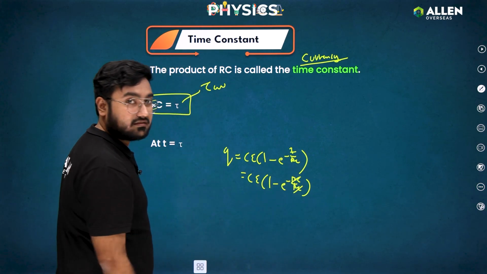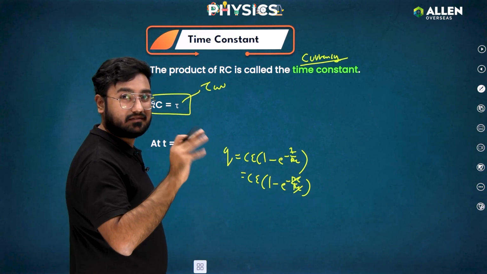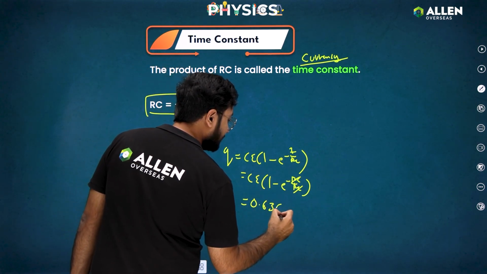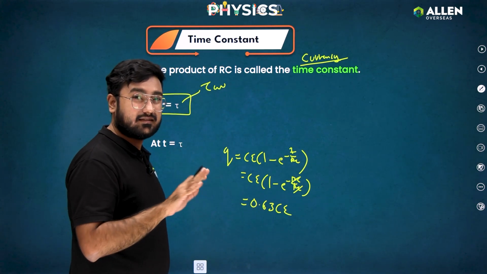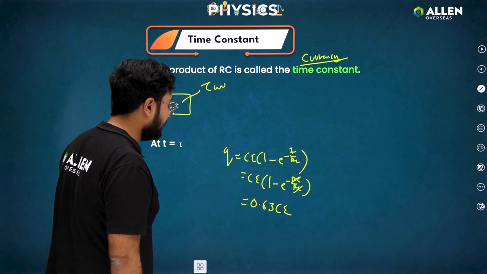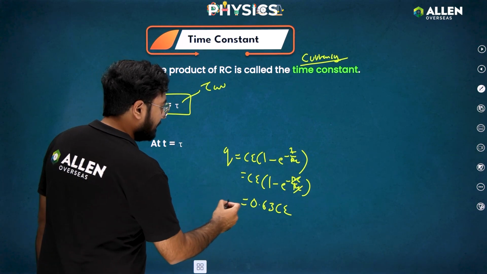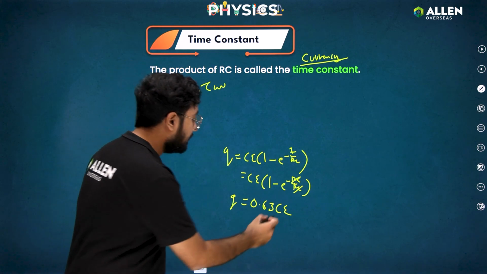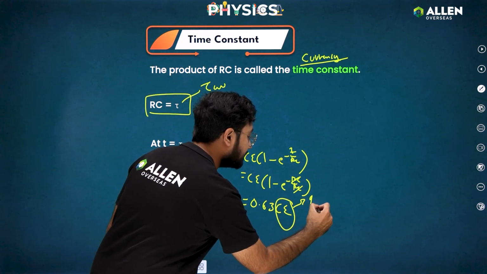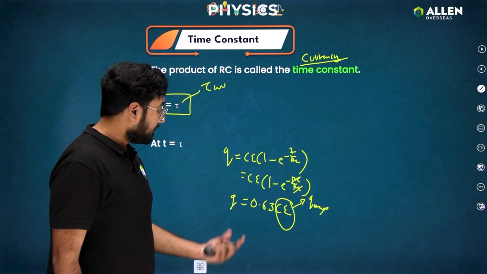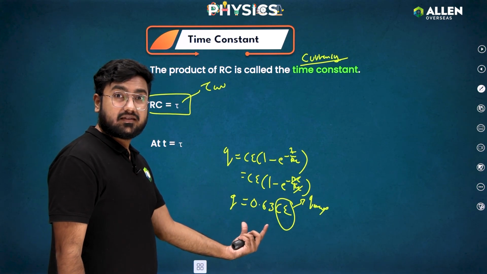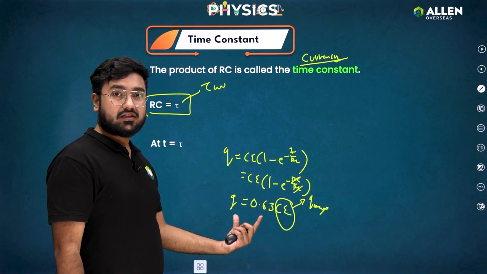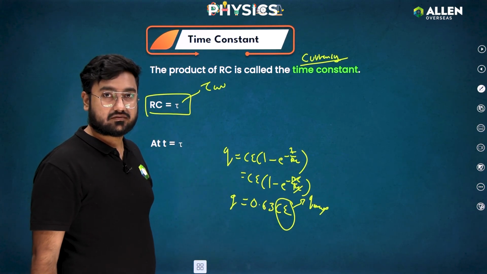This will be 1 by e. e has a value of 2.71, and when you substitute the value, you will get it as 0.63 CE. So this is the value of charge in one time constant. What is CE? CE is the maximum charge, isn't it? So that means 63% of the job is done. 63% of the job is done in one time constant, right?